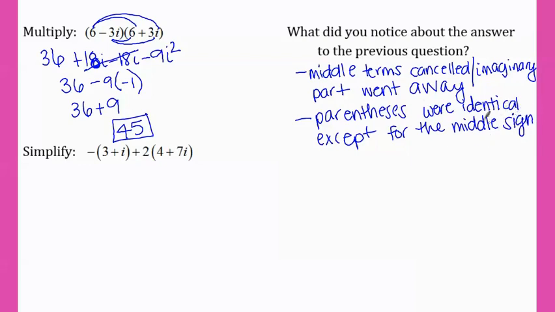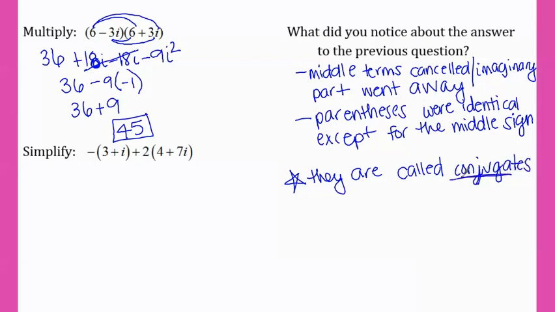Because they were identical except for the middle sign, these are called conjugates. This is an important vocabulary word that you should know, conjugates. And these look like a plus bi and a minus bi. So they're identical except for the signs in the middle.